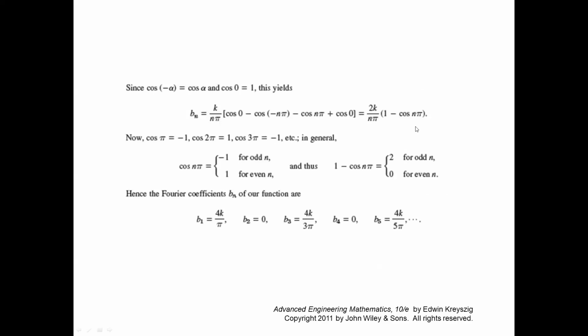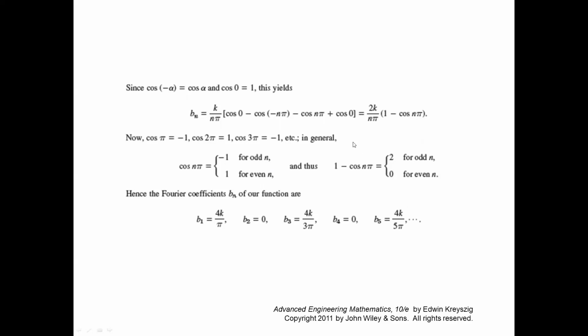Then here we notice, because cosine n pi can be either 1 or negative 1, depending on the nature of n. If n is even, we get a positive 1. If n is odd, then we have a negative 1.